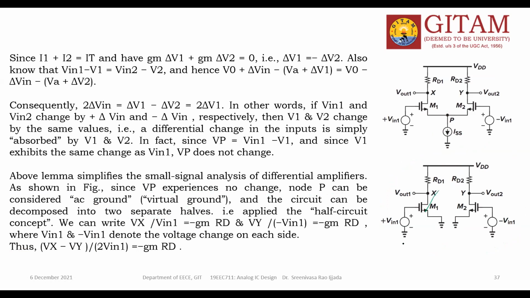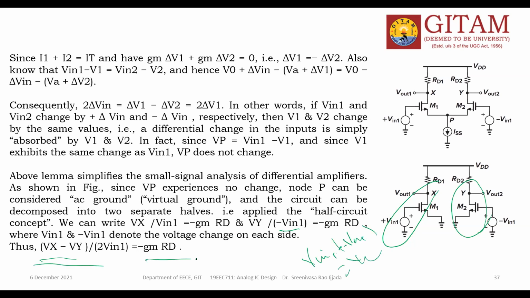One is minus GMRD, and one more is minus GMRD. Of course, it is minus GMRD. Both the inputs are the same. So thus Vx minus Vy by 2 times, because this is 2 times. This one is Vn1, and one more is minus Vn1. So the total is 2 Vn1, equal to minus Gm into R.